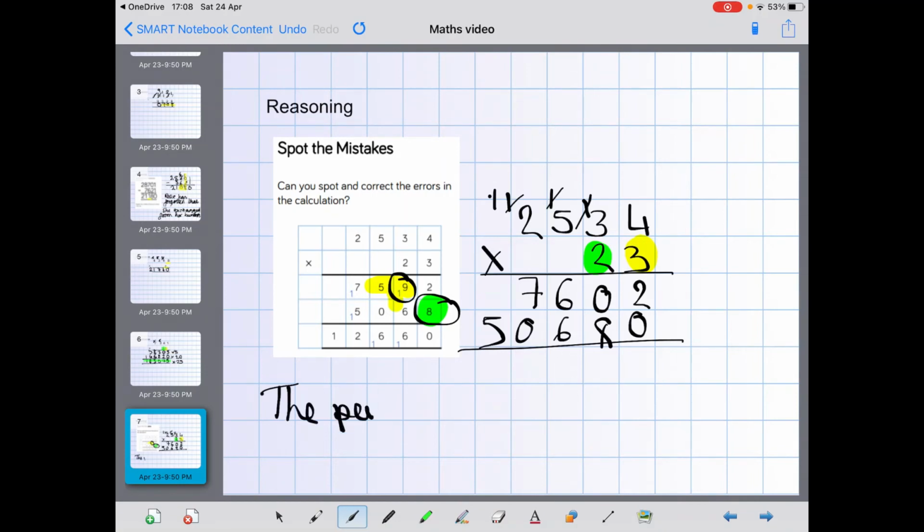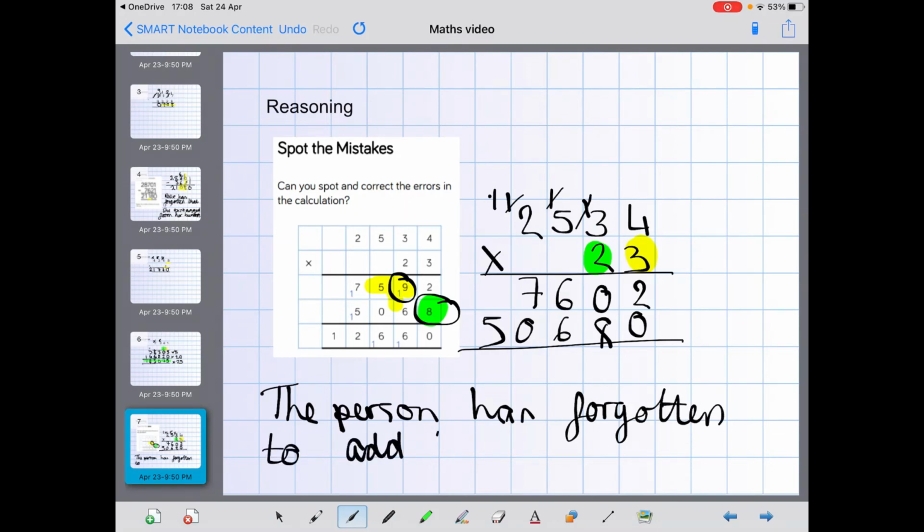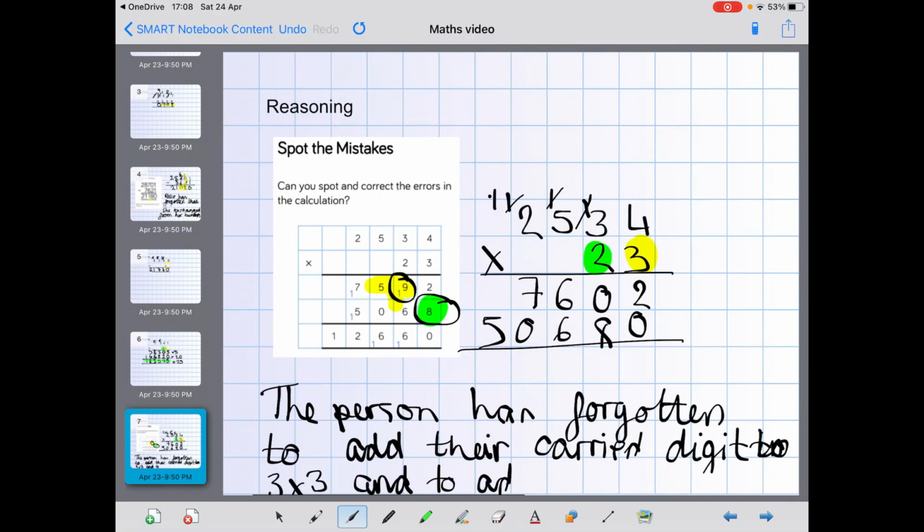The person has forgotten to add their carried digit in to 3 times 3 and to add their placeholder.